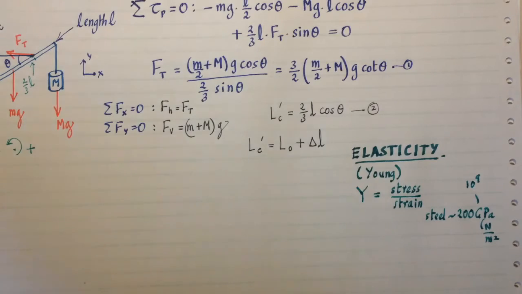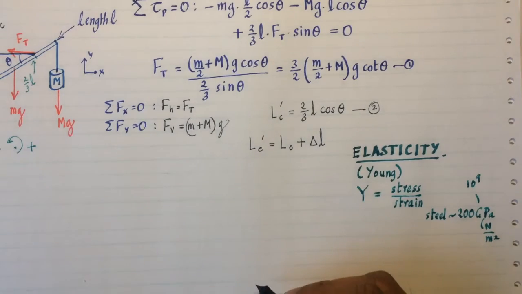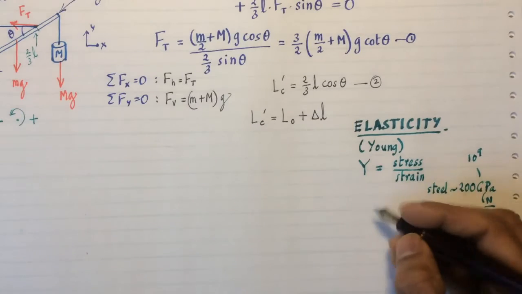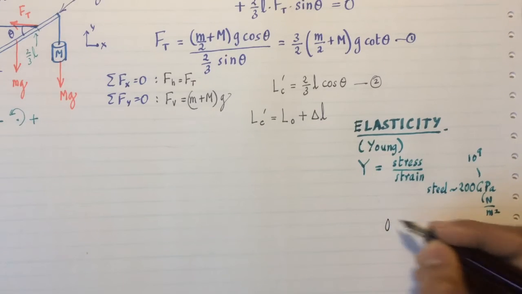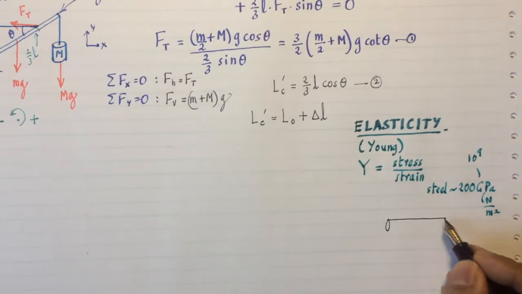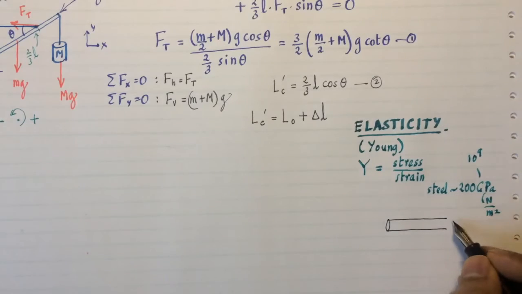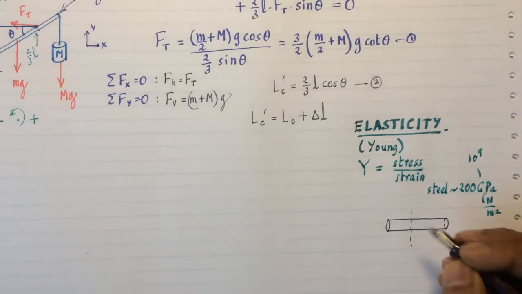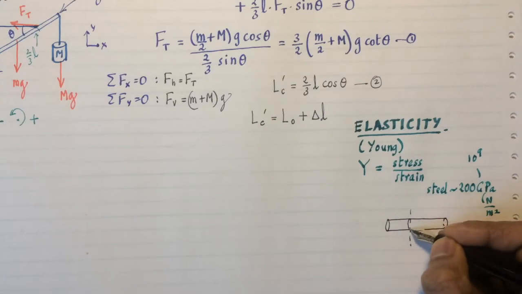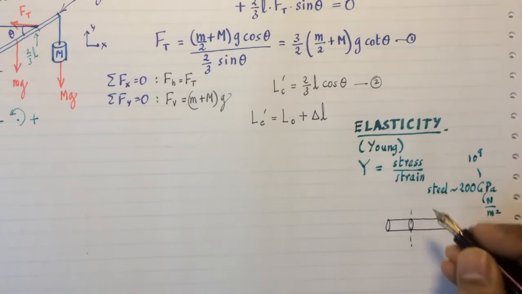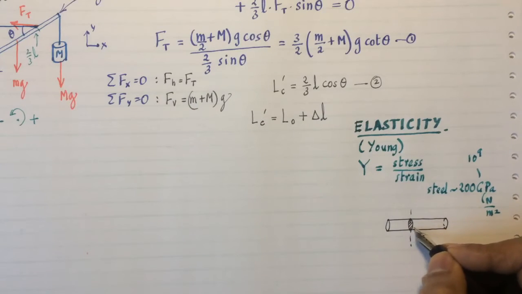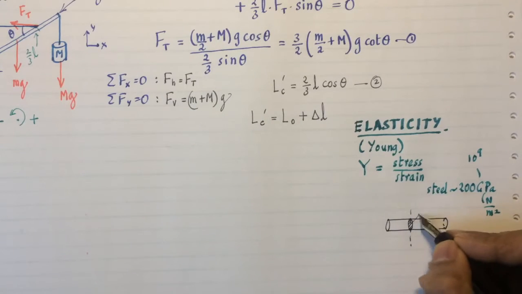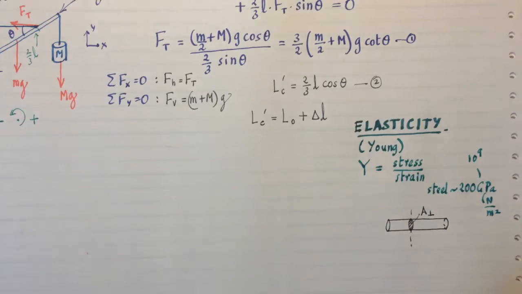Now let's try to understand what stress and strain mean. Just for the sake of simplicity, let's consider a cable that is like that. When I magnify a cable, up close it looks like that. Most cables in daily life are circular in cross-section. So the cross-sectional area of a cable is got by cutting it somewhere perpendicular to its length, and I'm going to call that cross-sectional area A perpendicular.